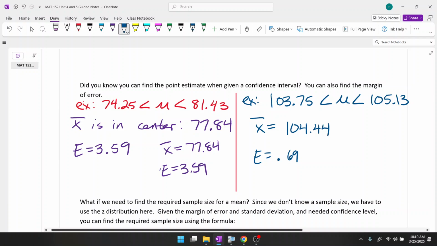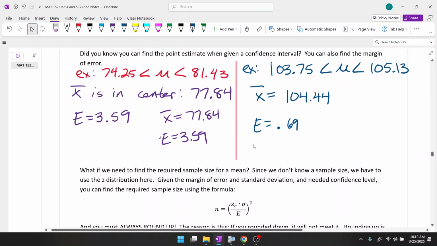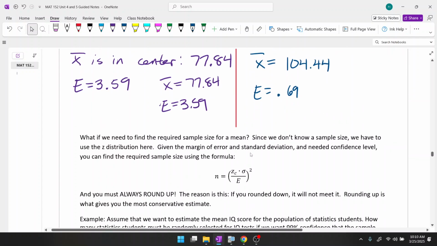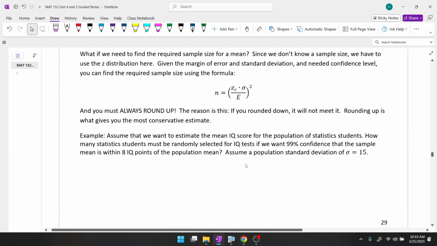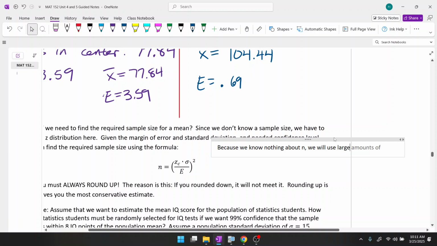Now, the next thing we're going to do is figure out sample size required. Now, this formula is the critical Z times, see, we're going back to, because we don't know N, because we know nothing about N, we will use large degrees of freedom.